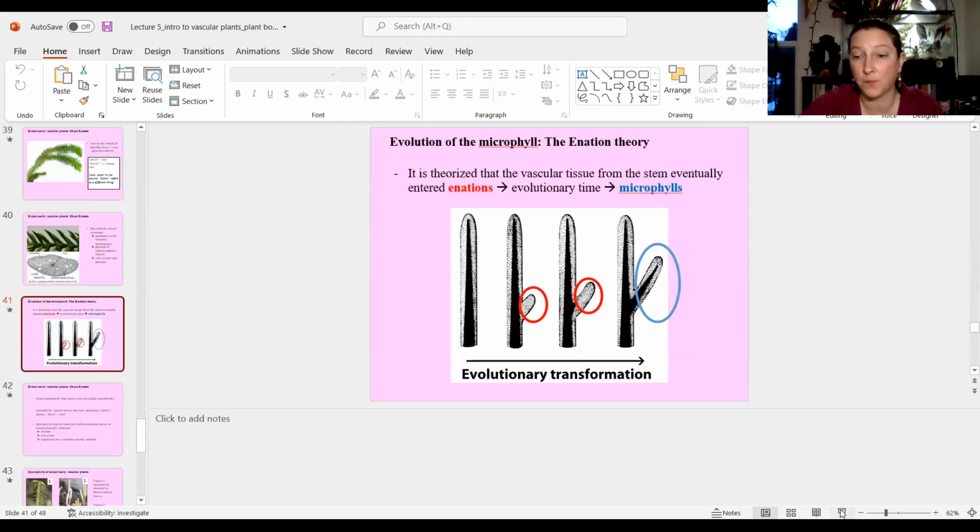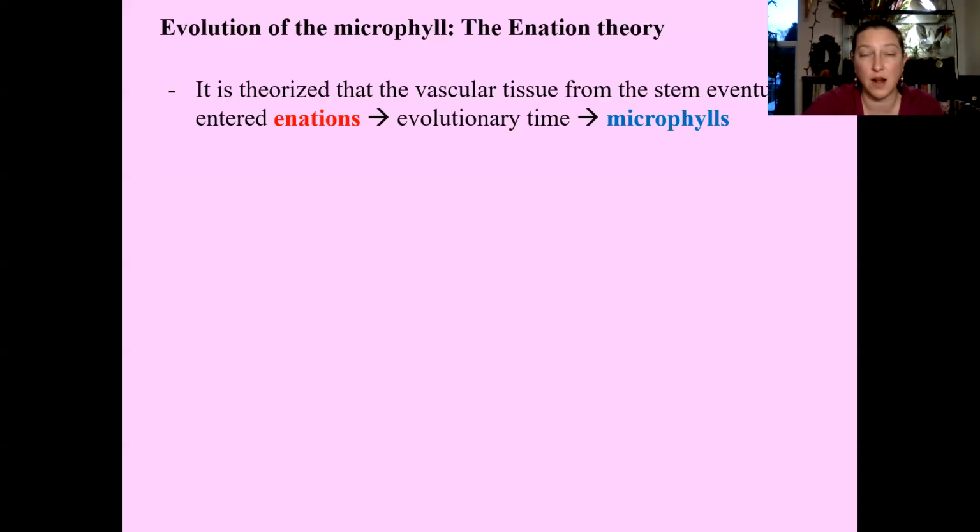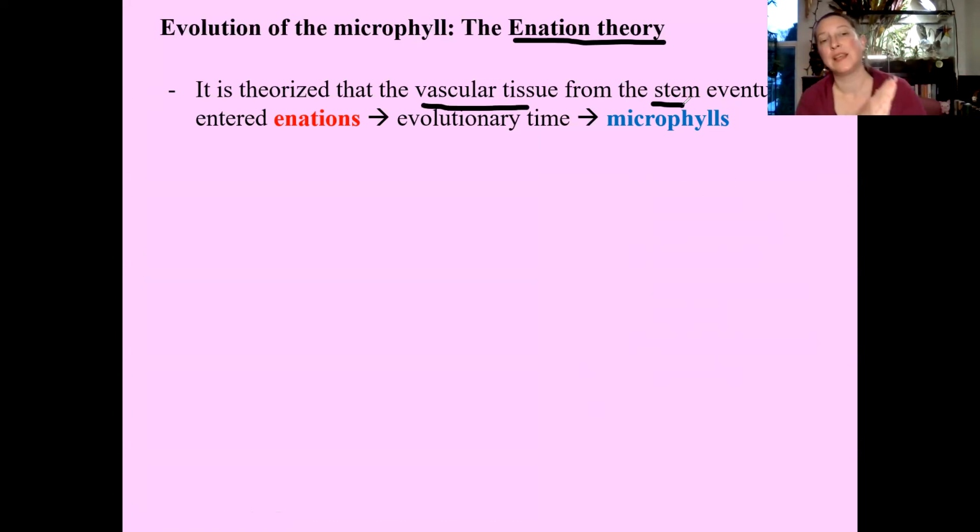And so here's what we think, based on the fossil record and other things. This is called the Enation theory. That's what it says here on the top. It's theorized that the way leaves came about was that the vascular tissue in the stem over time maybe got closer and closer to the surface of the stem, but eventually migrated and bent out of the stem into the enations.